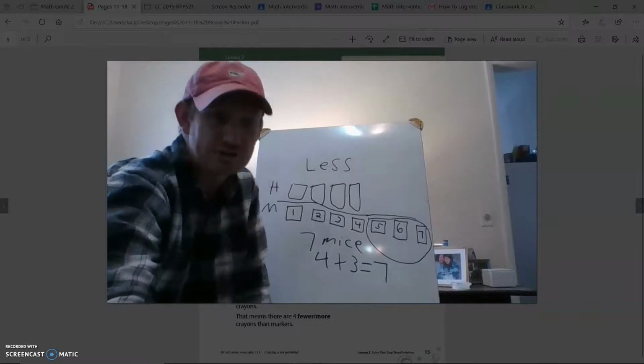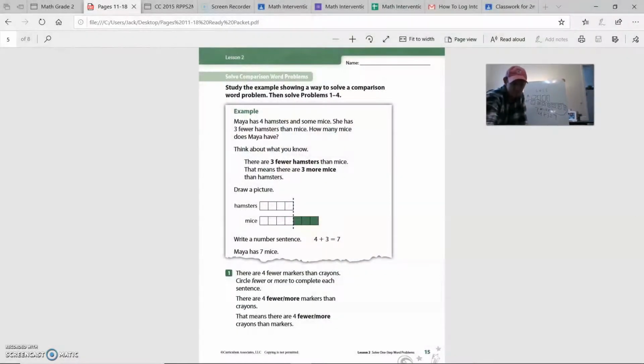All right, let's see what else the question's asking. So question 1 says, there are 4 fewer markers than crayons. Circle fewer or more to complete each sentence. Well, I want to draw it out first so I really know what's going on. But it doesn't actually give us any numbers for markers or crayons to start with.